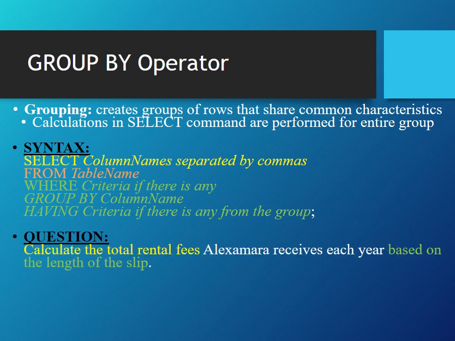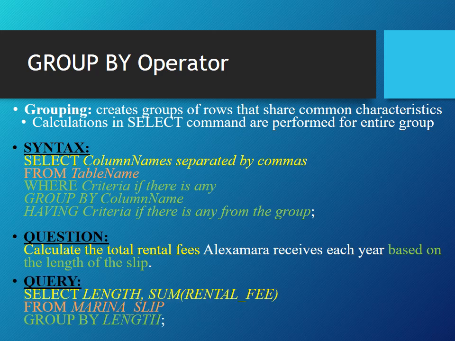For our question this time, we have calculate the total rental fees Lexmark receives each year based on the length of the slip. So for our query, we have select length and then the sum of the rental fee from the Marina Slip table, and then group by length.